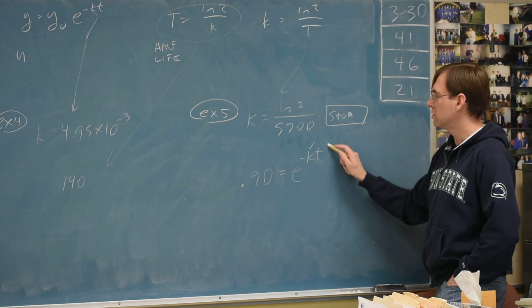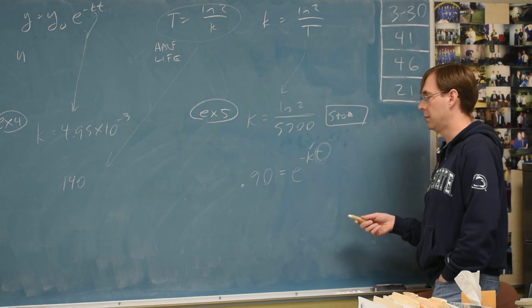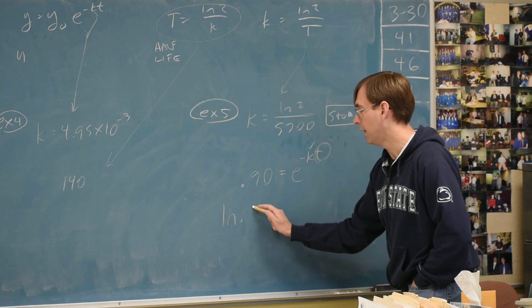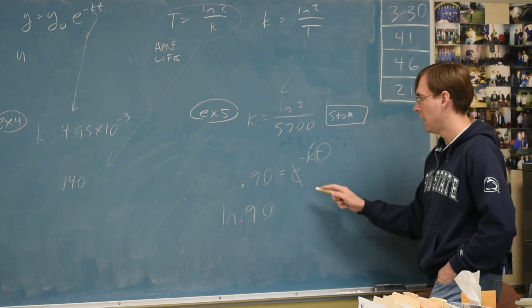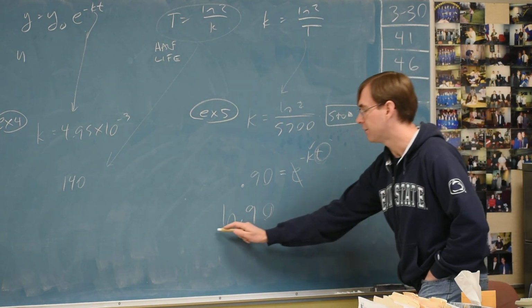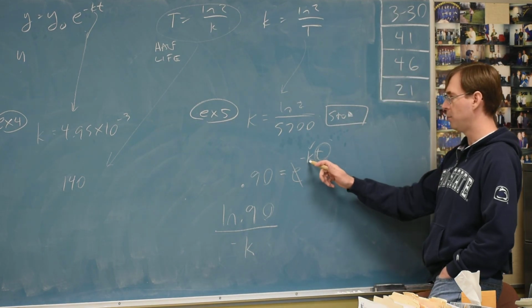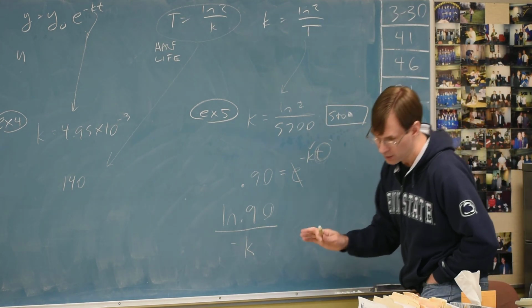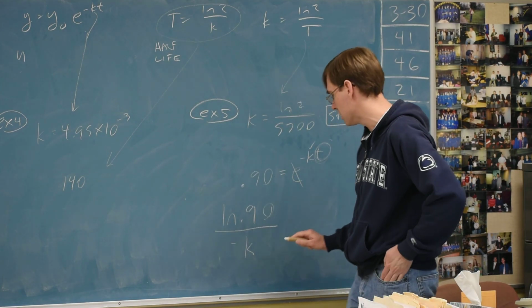Carbon dating problems will always figure out a time, so we'd want to kill the e by doing an ln of 0.90. And if e is gone, we just have to divide by the negative of k, because we had stored the k. If you punch that in, it says it's 866 years.